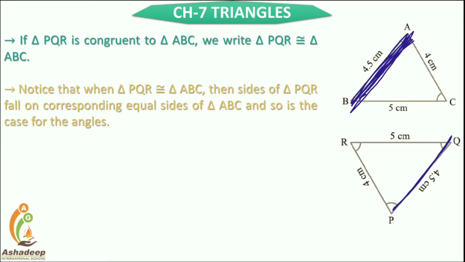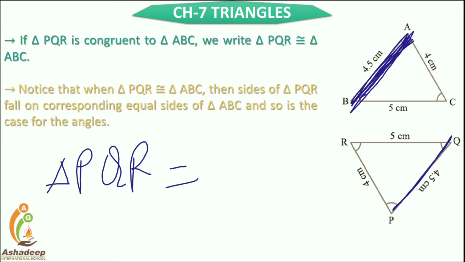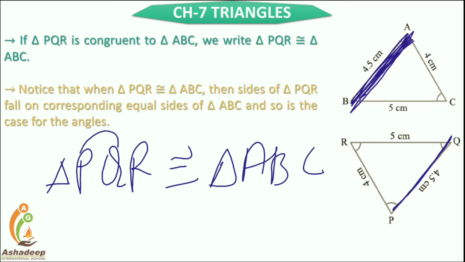So see here, I am writing triangle PQR is congruent to triangle ABC. So you see here PQ and AB. Okay, now let's move ahead. Then QR. So where is the QR?